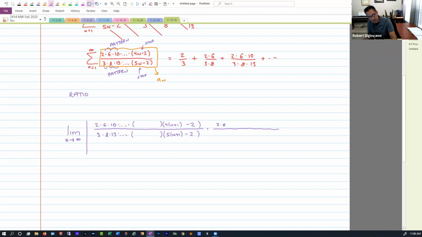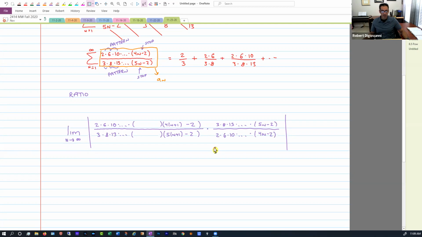So 3 times 8 times 13 times dot, dot, dot. This time, because we're stopping at n, I'm just going to put that. I'm not going to put another parenthesis in front of it. And again, you'll see why in a second. And then 2 times 6 times 10 times dot, dot, dot, times the last piece, which will be 4n minus 2. Absolute value, let me clean this up, there we go. Okay, are there any questions why I did it this way or flipped it, or are we all good with that?